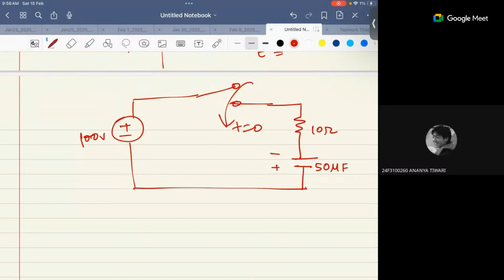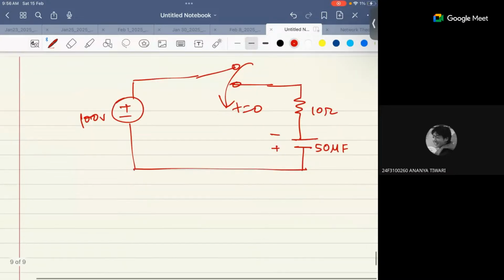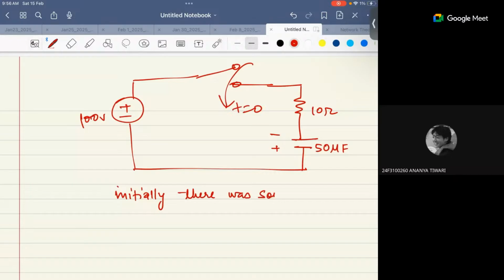Okay, no, I want to give the initial condition also, because that will clarify more. So initially there was some charge on the capacitor, and that charge was q equals 2.5 millicoulomb.